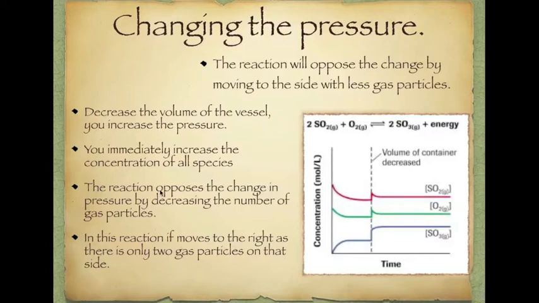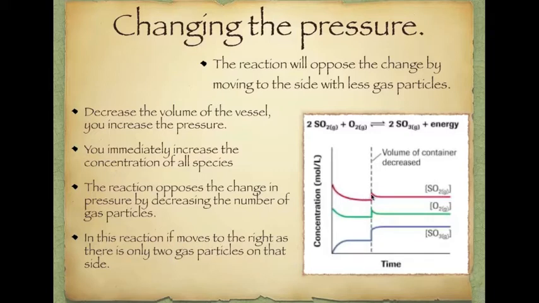If you decrease the volume, you increase the pressure, and it moves to the side with the least number of gas particles, which happens to be our products in this equation, because our reactants have 3 gas particles and our products have only 2. So decreasing the volume, increasing the pressure, will push this reaction towards the right and then slowly re-establish equilibrium. It moves to the right as there are only 2 gas particles on that side.